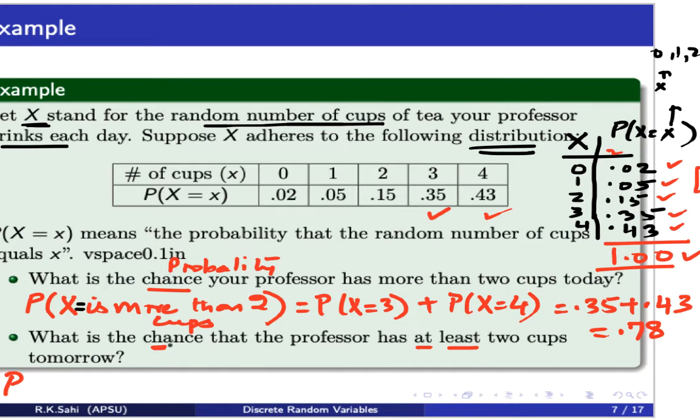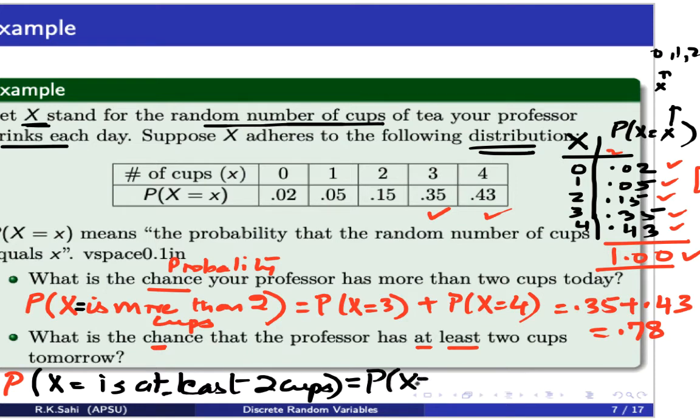So this, the chance, is probability. What is my random variable doing? My random variable is at least 2 cups. What does that mean? Probability X is 2 plus probability X is 3 plus probability X is 4.